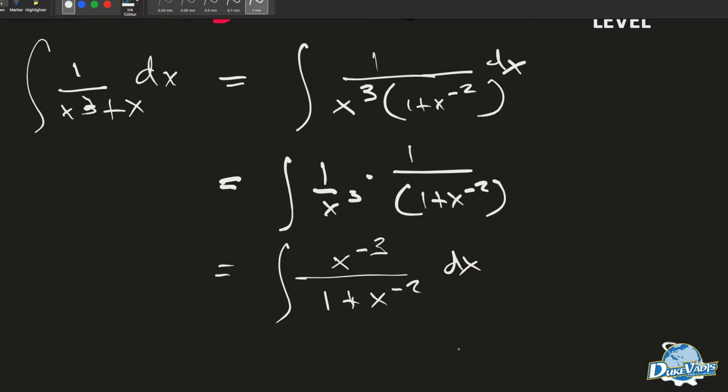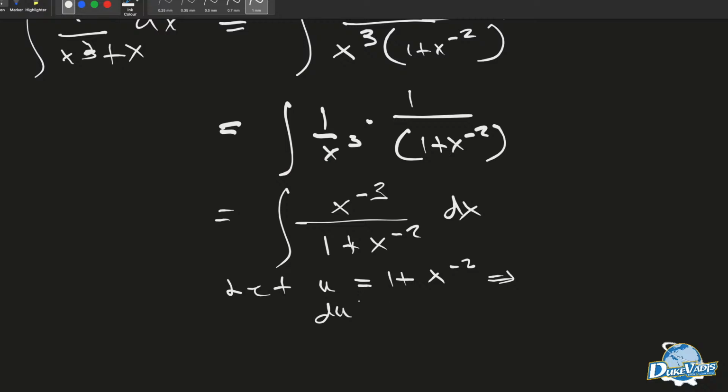So upon the integration, we say let u be equal to 1 plus x raised to the power negative 2. So when we differentiate this, du is equal to 1, that is 0, negative 2x negative 3 dx.